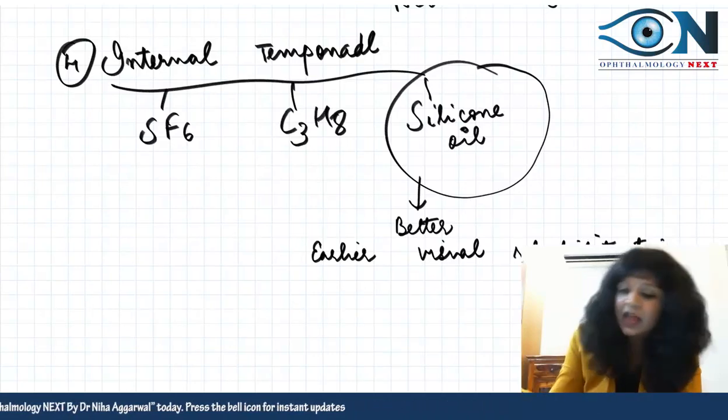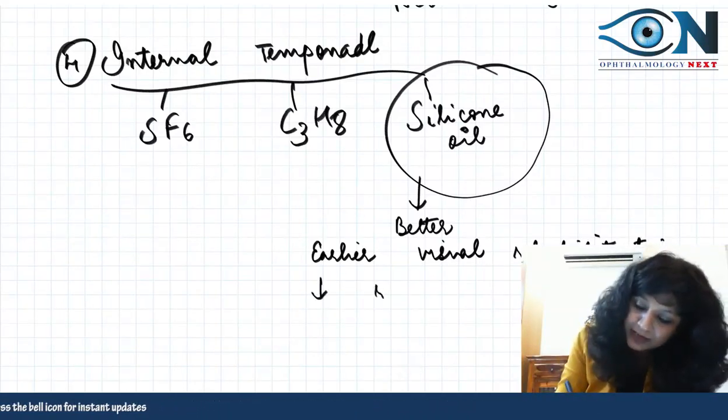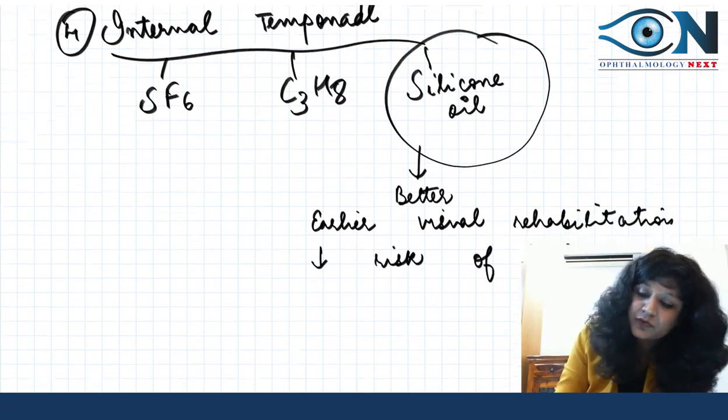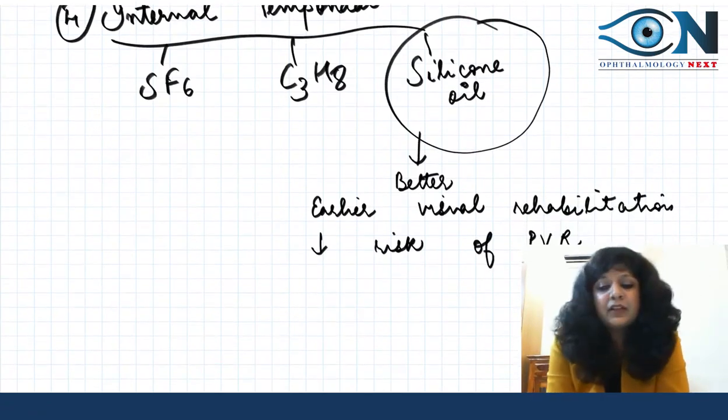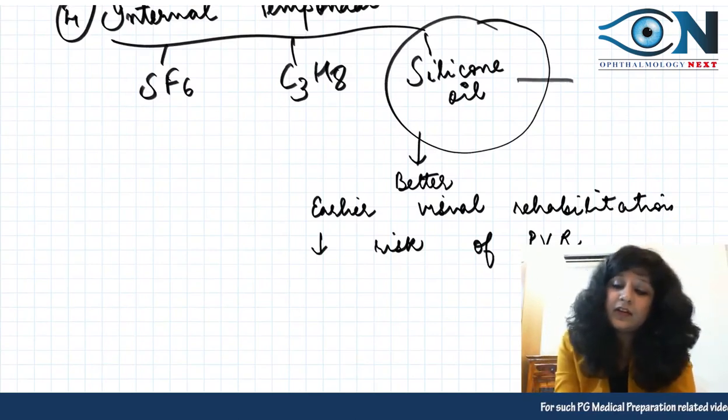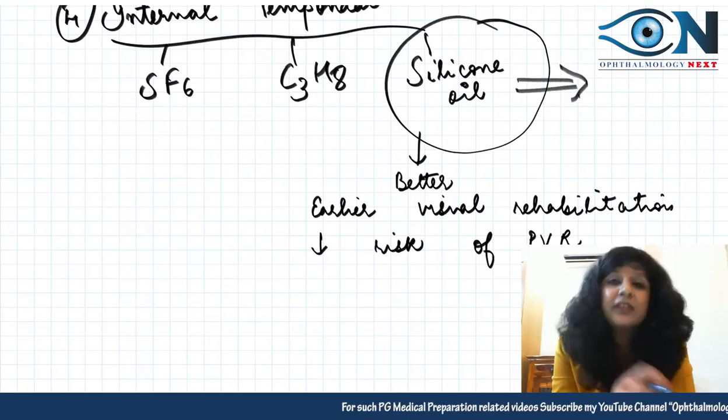Also, we have decreased risk of PVR, that is proliferative vitreoretinopathy. So this has slight advantages. That's why at our centers also we prefer the silicone oil.